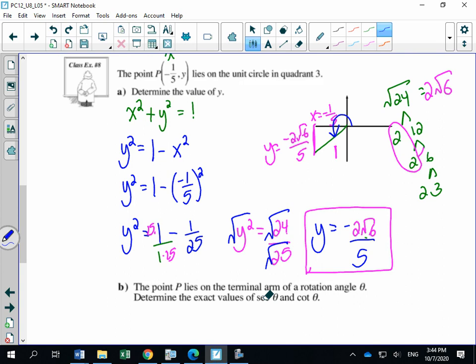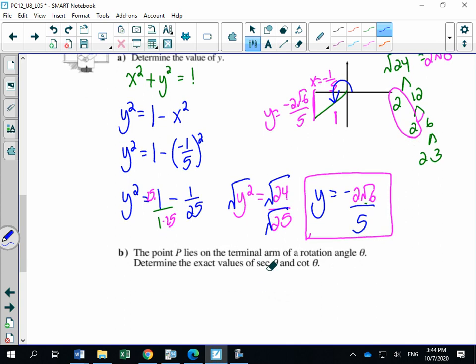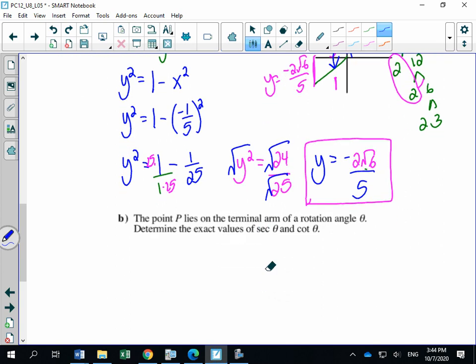Say to yourself, secant theta, what is that the reciprocal trig ratio of? So secant theta is the reciprocal trig ratio of cosine. So if you said to yourself, well, what is the cos of theta? We know that the cos of theta is x over r, right? Or it's your x coordinate.